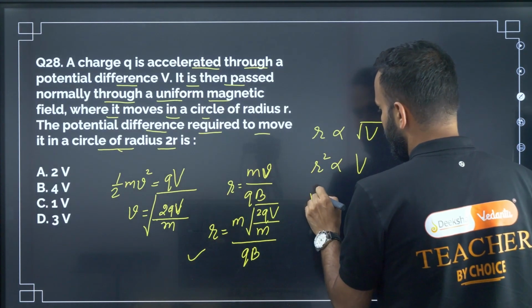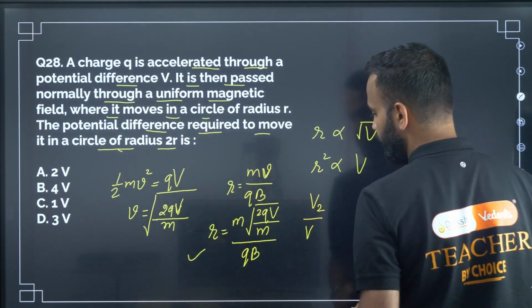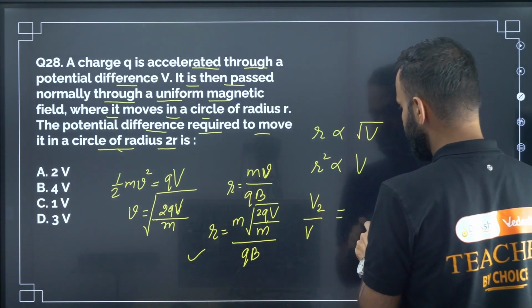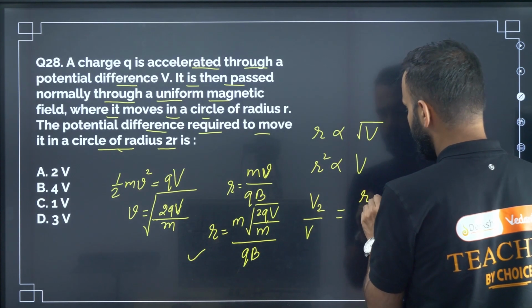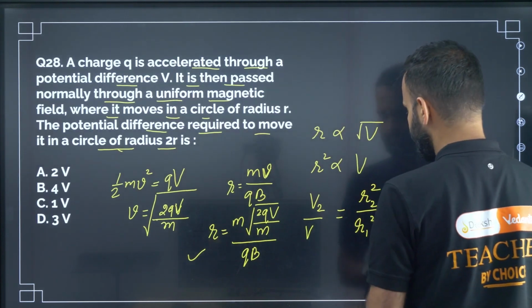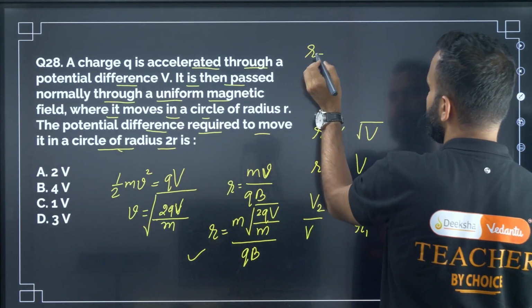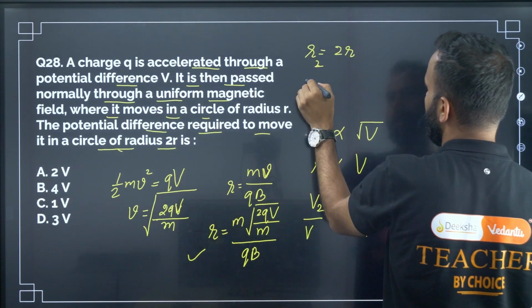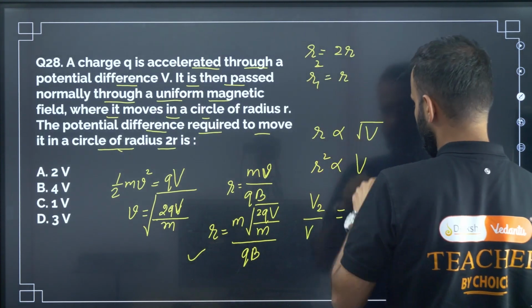Now potential difference V2 divided by potential difference V is equal to r2 square divided by r1 square. Here r2 is equal to 2r, r1 is equal to r.